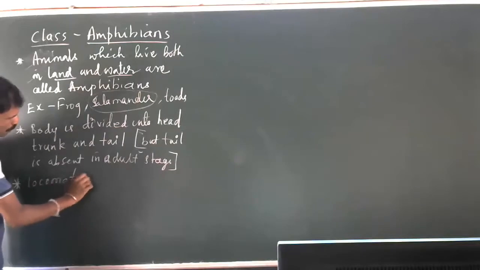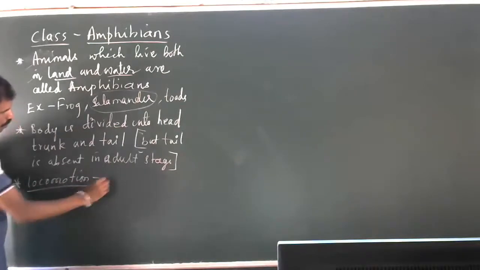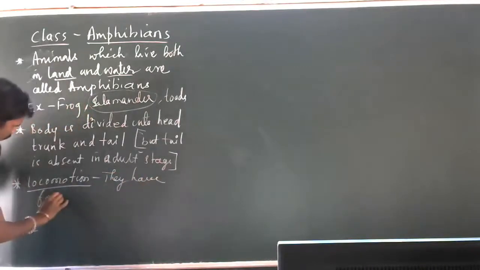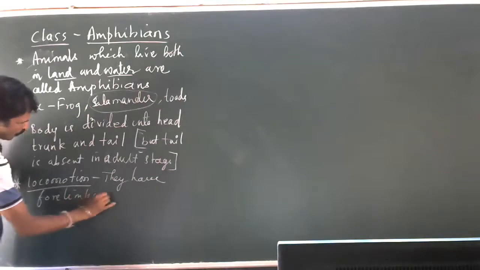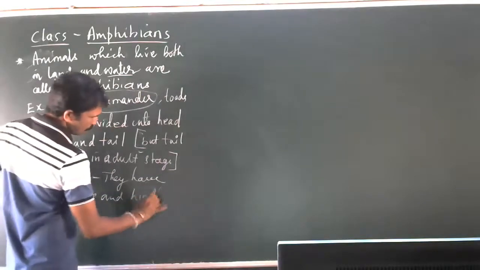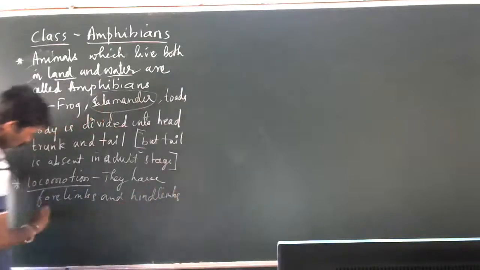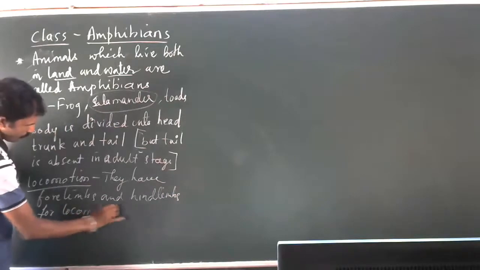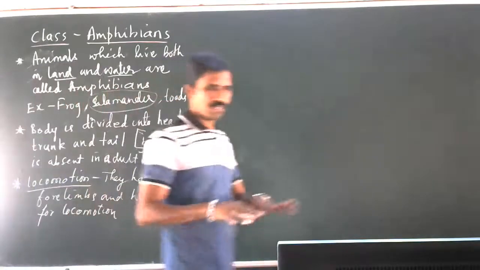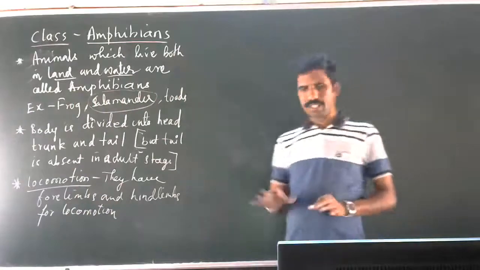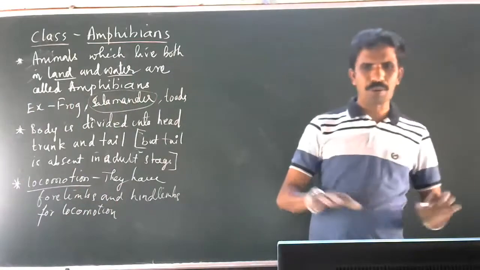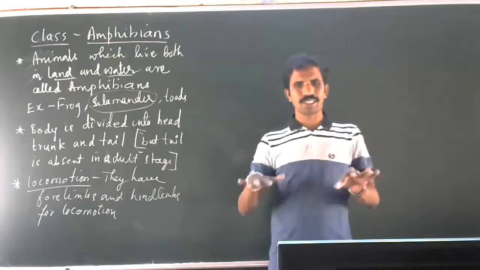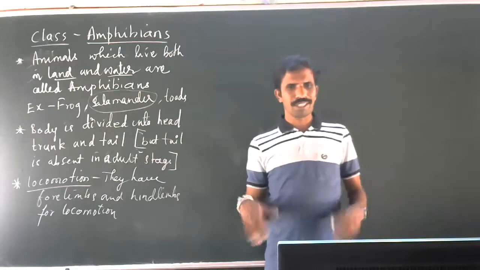Locomotion. They have fore limbs and hind limbs for locomotion, for movement. Frogs usually have 4 limbs. The forelimbs are like the hands in humans, and similarly they have legs.